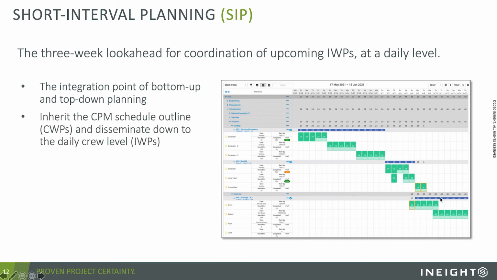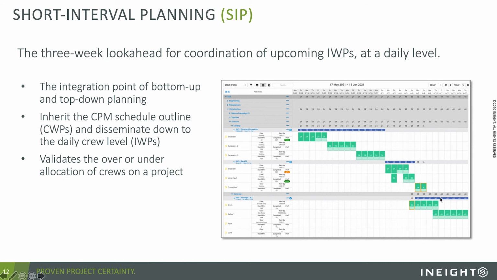It inherits the CPM schedule outline, which are those CWPs, and allows you to disseminate that down into your IWPs and then down into those daily crew levels. And most importantly, it allows you to validate the over or under allocation of your crews on the project. Can they truly get this much done or not? Do I have them working in too many places at once? Do I have this piece of equipment in more than one place at a time?